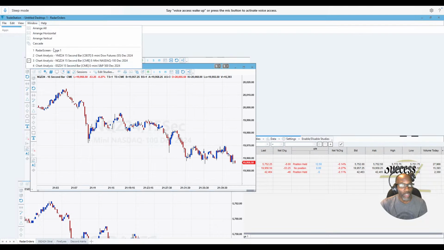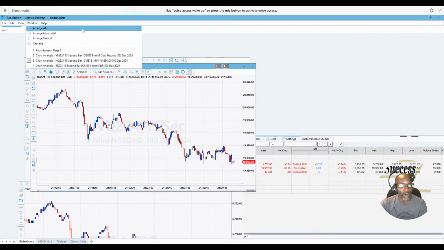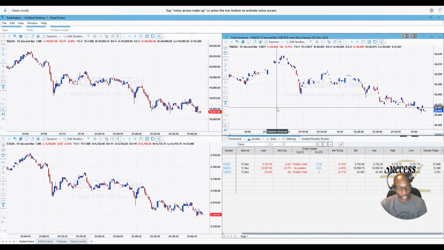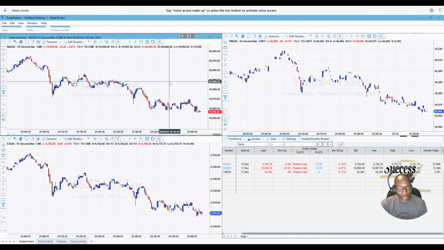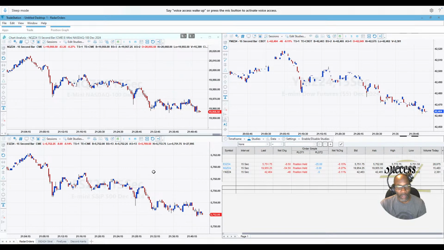And then I'll just take the window and arrange them all. Like I said, I can go back and add the window trader onto it, the active trader, so you can see exactly what's going on. I'm a visual person, a visual learner, if you can't tell.